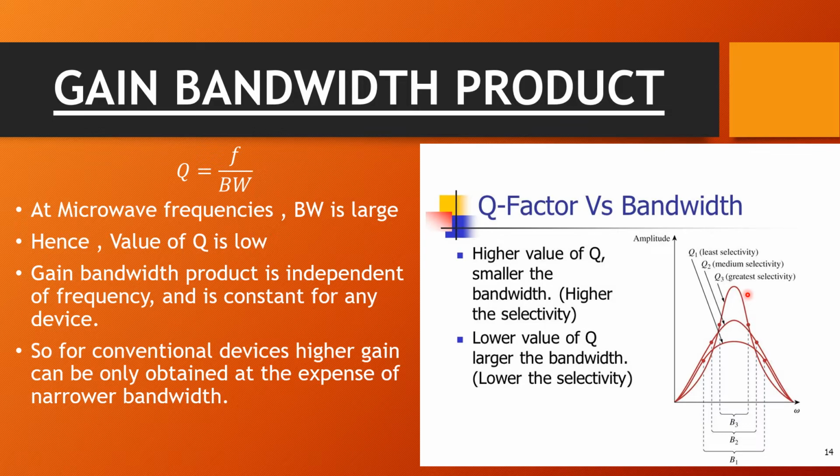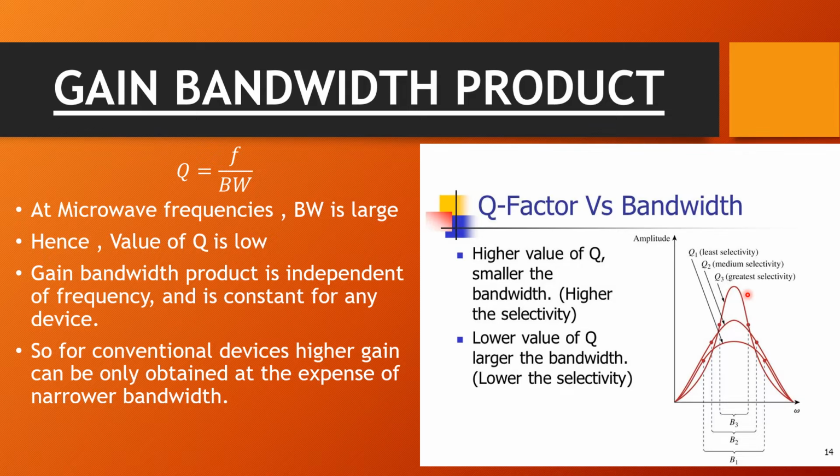You know that we are using microwave frequency because we have the advantage of a larger bandwidth. Why should we compensate for the bandwidth to get the higher gain? For certain conventional devices, the bandwidth offered at microwave frequency is very low, or narrow.